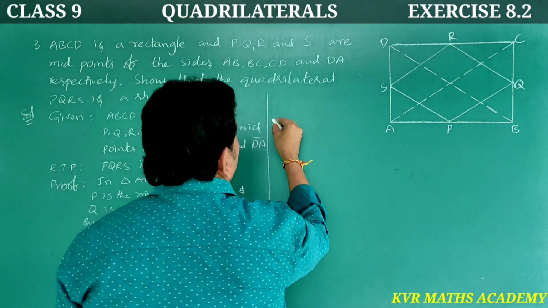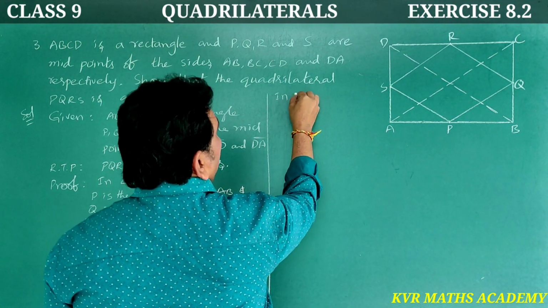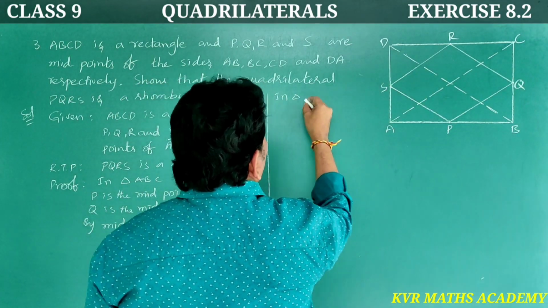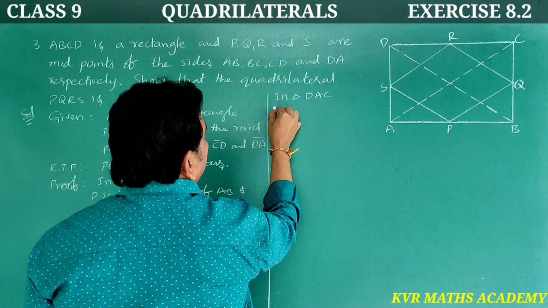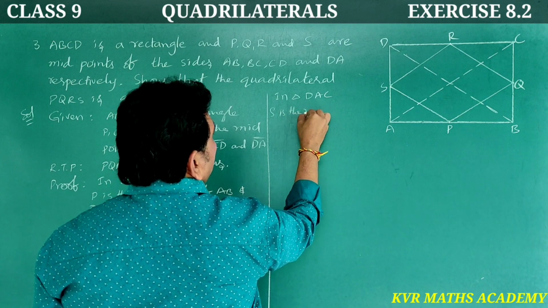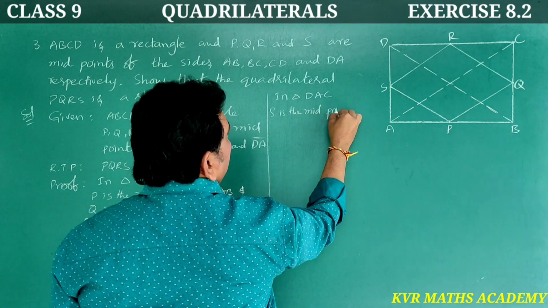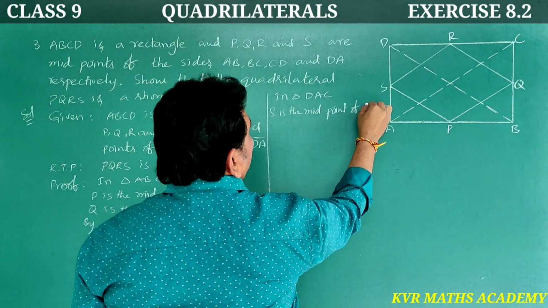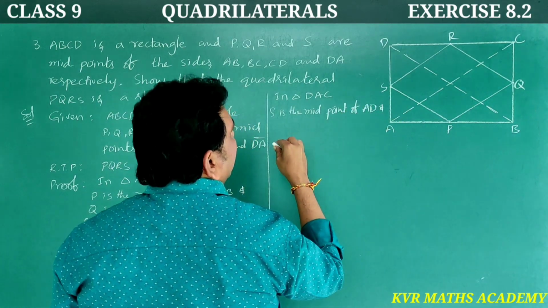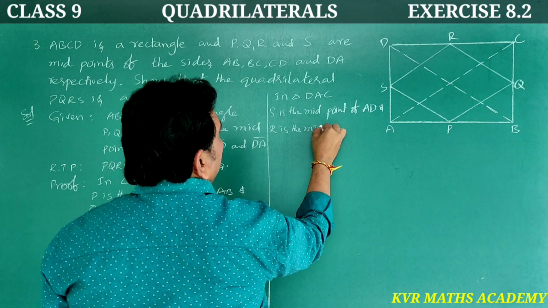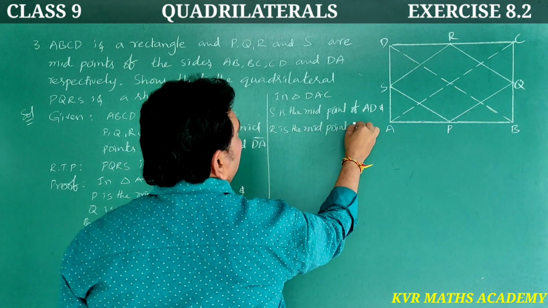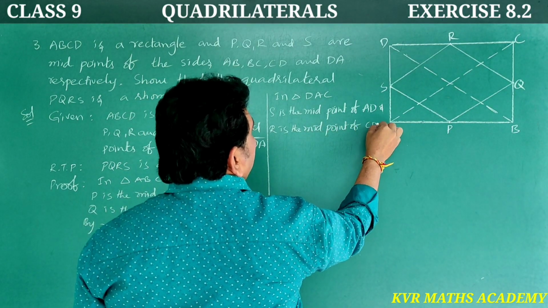Consider another triangle. In triangle DAC, S is the midpoint of AD and R is the midpoint of CD.